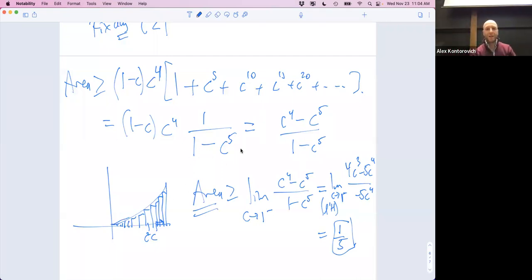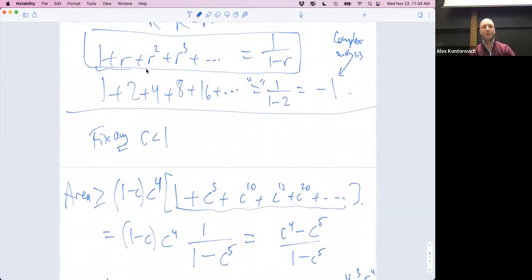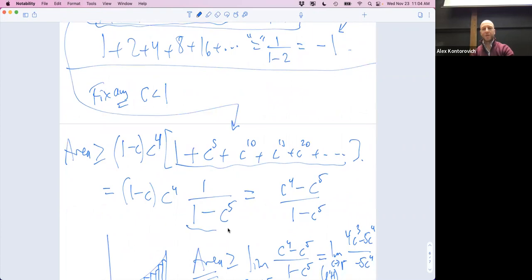The 1 minus c to the 5th here comes from putting in our formula for a geometric series. I'm going to use that on this expression. We recognize that r is c to the 5th. We use this formula with r being c to the 5th. Does that make sense? So that's where we got from there to there.